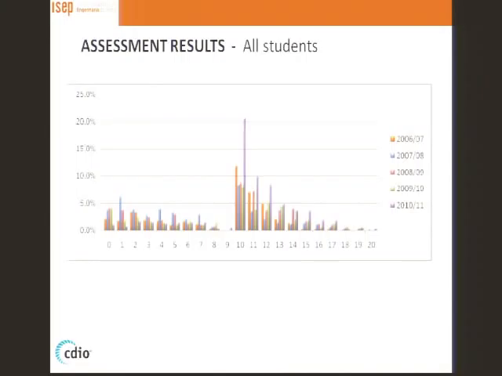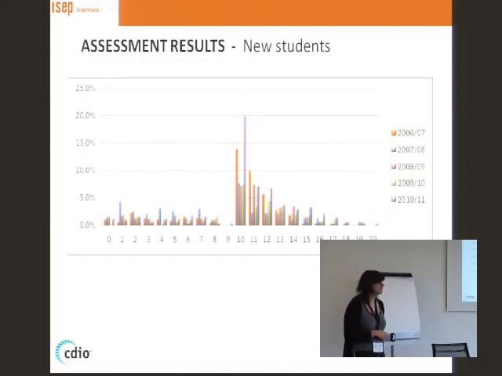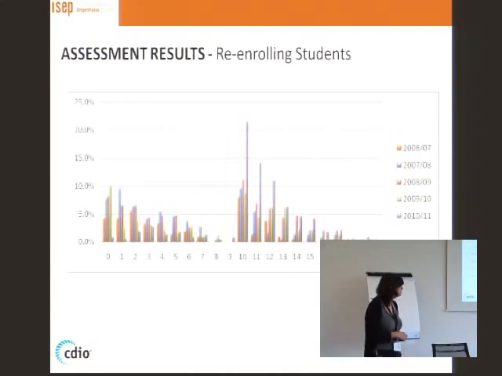Probably the students with 10, 11, and 12 are students who quit in the past. They study a little bit and they pass this year, but not with good marks, with medium marks. These are new students. The number of new students who succeed is really higher than in the past too.